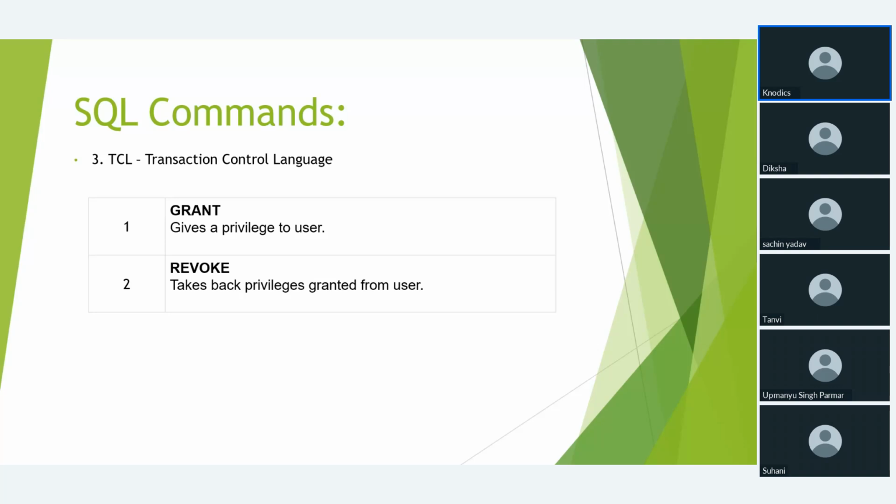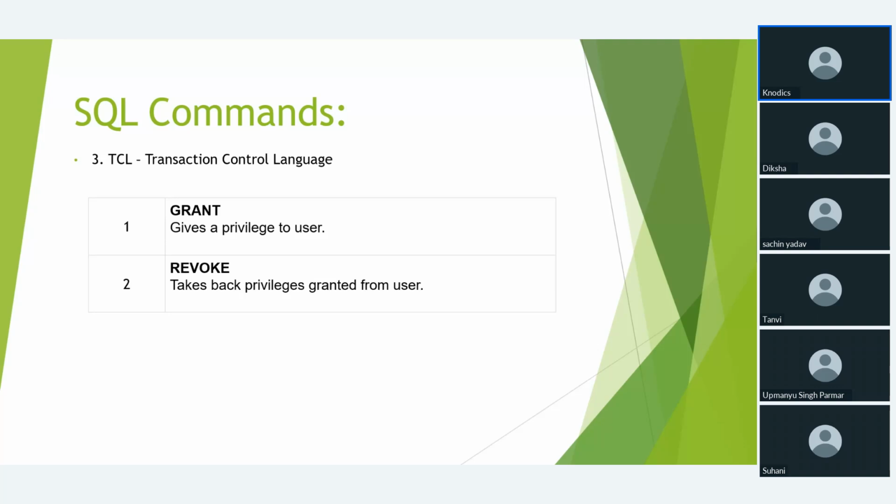For that, there is the grant command, the revoke command, then the commit command and the rollback command. The grant command is basically to allow user-level access, meaning how much a user can access and for which area. Revoke means getting permission, getting privileges, back from the user. Then there is the commit command to execute the batch process at regular intervals, and the rollback command.